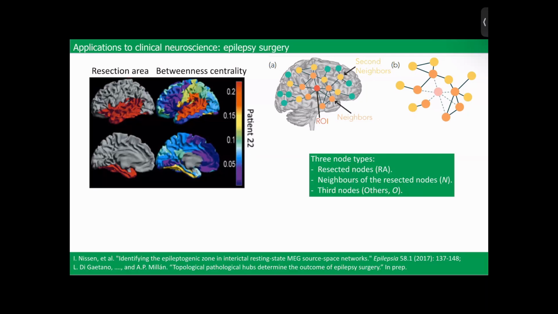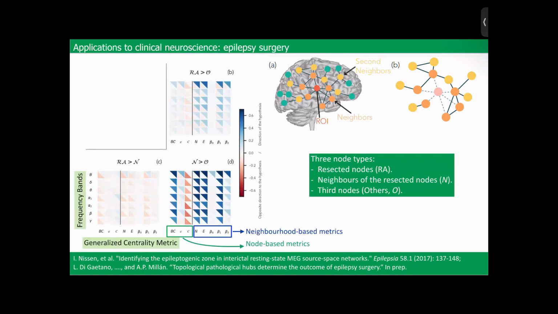So we can look at the regional organization around these different brain regions. I want to see what's the centrality of this area, but also of its neighbors, because there's the idea that maybe you don't remove a hub, but you remove something that is connected to a hub, and that can be enough to stop the seizures.